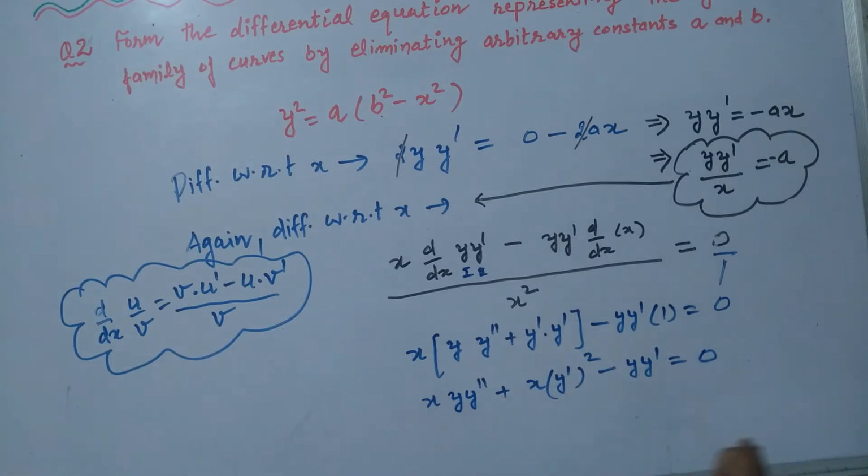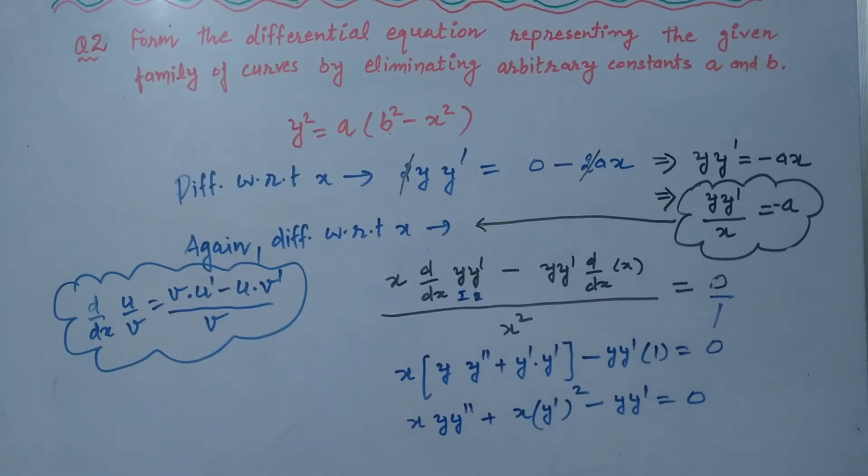Now what is this? This is the differential equation in the absence of a and b. A and b are not visible in this differential equation. So this is the desired differential equation. This is the required differential equation.